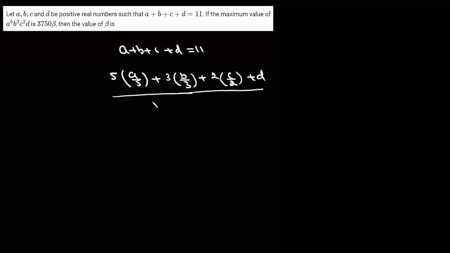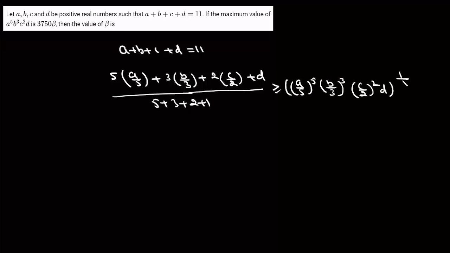So their weights will be 5 plus 3 plus 2 plus 1, and this will always be greater than or equal to their weighted geometric mean, which is (a by 5) to the power 5, (b by 3) to the power 3, (c by 2) square into d, whole to the power 1 by, now 5 plus 3 is 8, 8 plus 3 is 11.